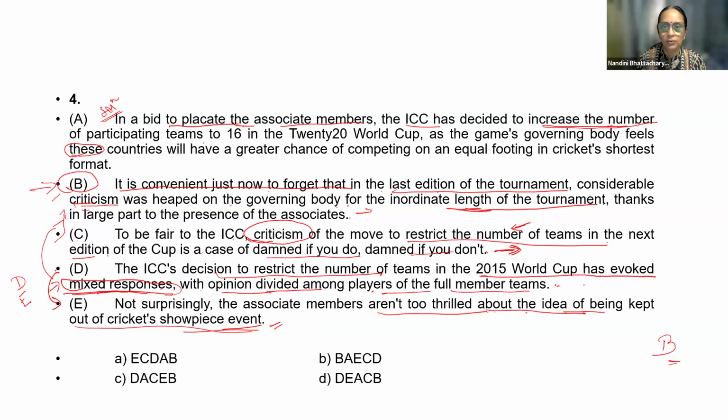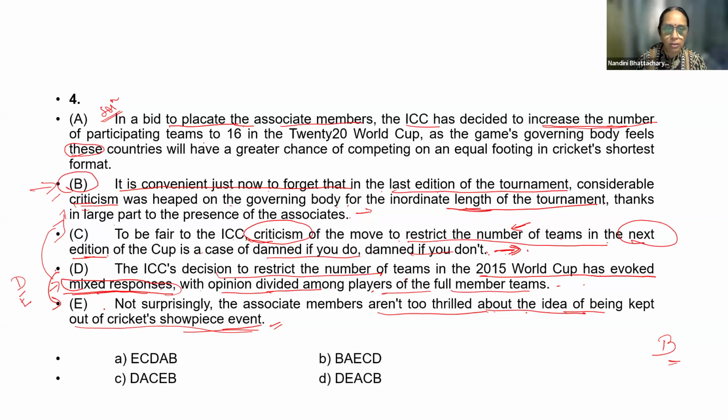They criticized the ICC for restricting the teams. And here it says, move to restrict the number of teams in the next edition. So here we are talking about the next edition. Is a case of damn if you do, damn if you don't. So whether you do it or you don't, you are still going to be criticized.